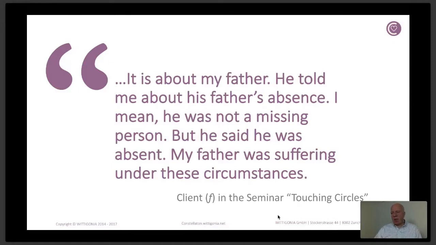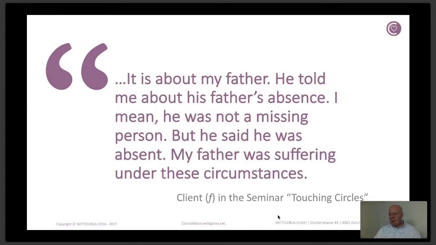Typically, the way I work in the systemic constellation, we first ask what the topic is about. Of course, we first get into resonance and tune. We ask about the topic and clarify the topic. And then we set up a constellation. So we pick representatives and we set up the system, in that case, the family system.